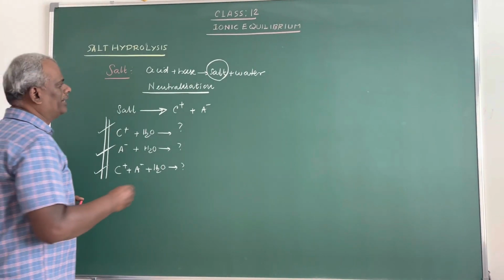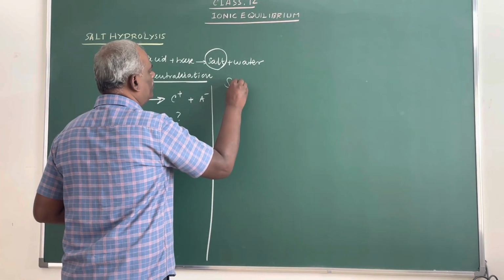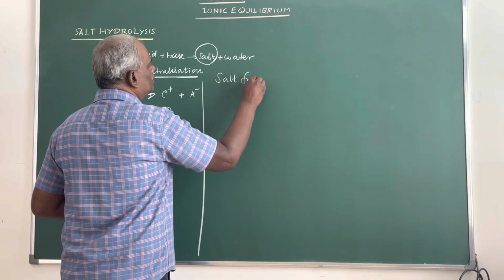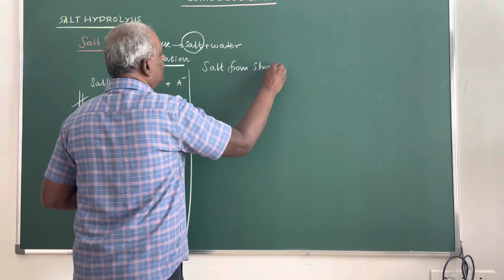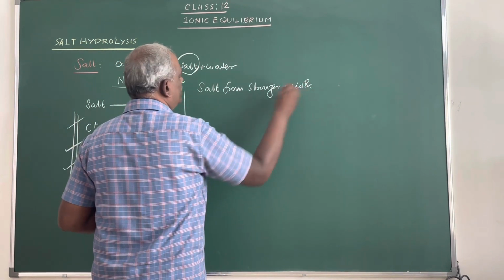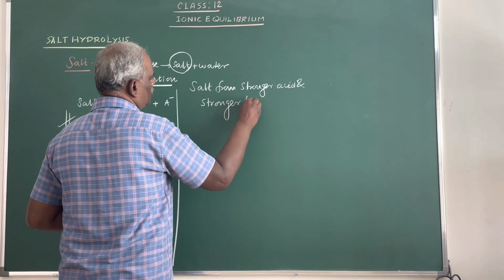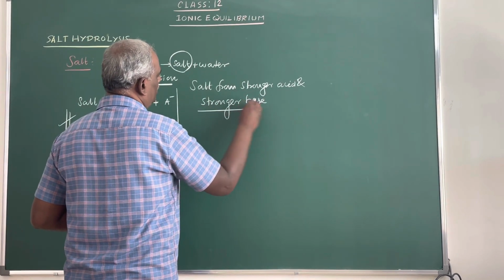Category 1: we can take a salt which is obtained from a stronger acid and a stronger base. Stronger acid and stronger base.